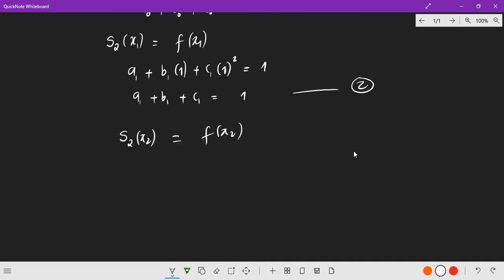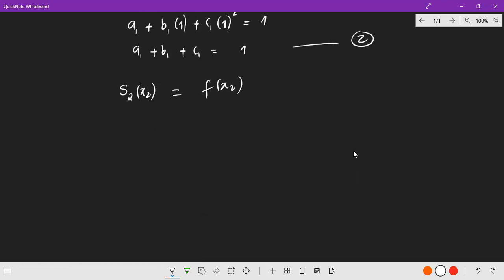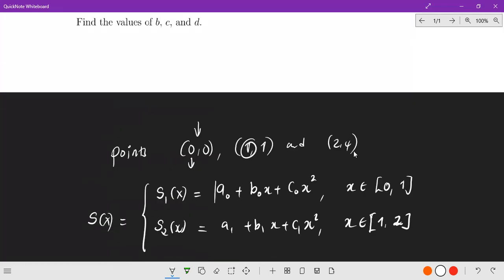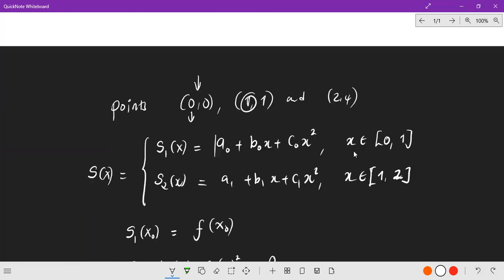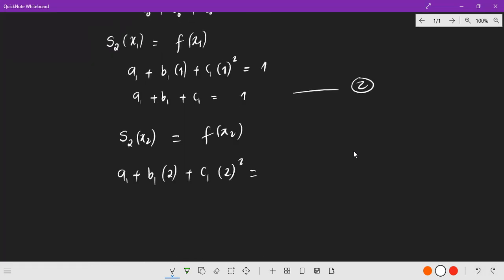So we have a1 plus b1 of 2 plus c1 of 2 squared equal to f of x2. F of x2 at that point is simply equal to 4 here, right? That's the value of the function at that point. So a1 plus 2b1 plus 4c1 equal to 4. So this will be our equation number 3.